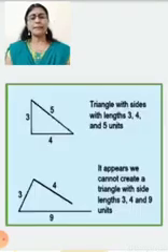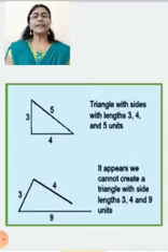Now there are some more examples with 3 sides given, and we have to find out whether they can be the sides of a triangle or not. Here they have given a right angle triangle with sides 3, 4 and 5. In the same way you will have to write all 3 combinations. First you write 3 plus 4. 3 plus 4 is 7.